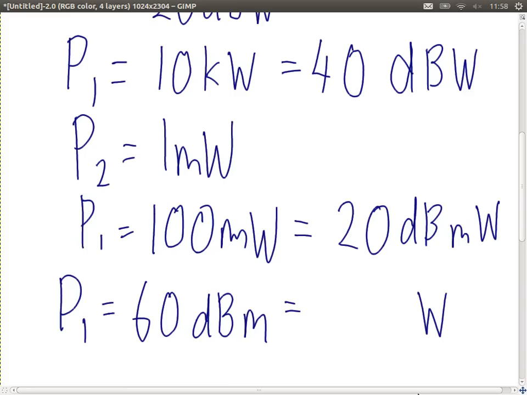Try and find the answer. Someone said 1 megawatt.